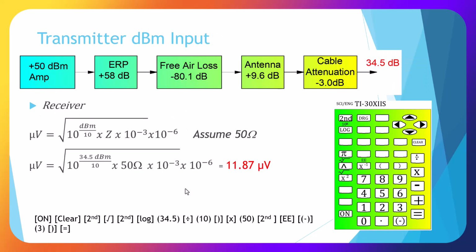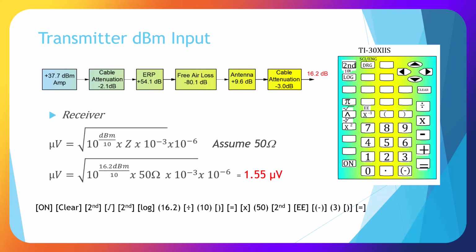Okay, let's find our transmitter dBm input. So we have 50 dBm at the amplifier. Take a look and add everything up. Our ERP is plus 58 dBm from our amplifier.